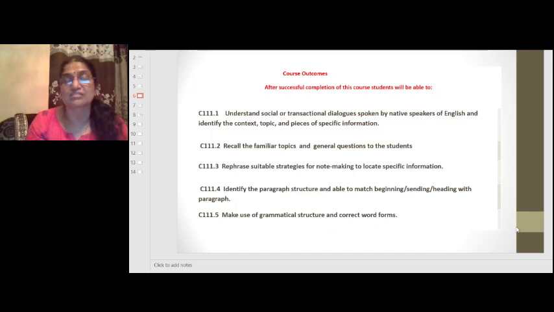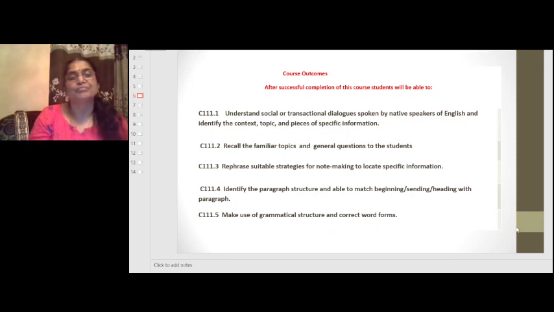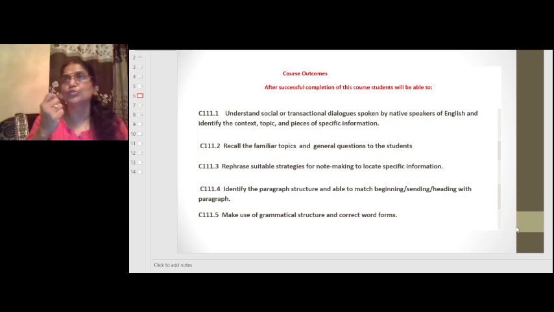This is what the second CO says. The third CO says rephrase suitable strategies for note making to locate specific information. So how do you strategize for note making to locate specific information? How you are having the skill of note making to recollect specific information.